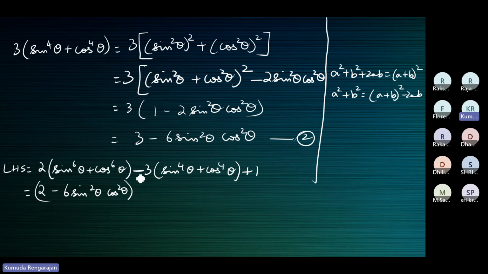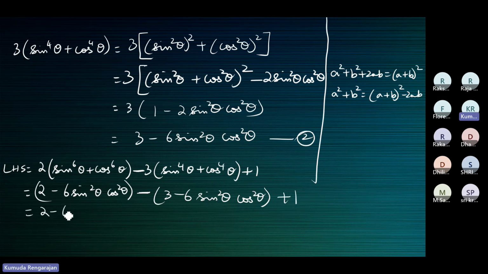Minus, this minus is so dangerous. Write that minus. What's the answer we got for this one? 3 into sine theta to the power 4 plus cos theta to the power 4. We got 3 minus 6 sine square theta, cos square theta. And then plus 1. Now open the bracket.